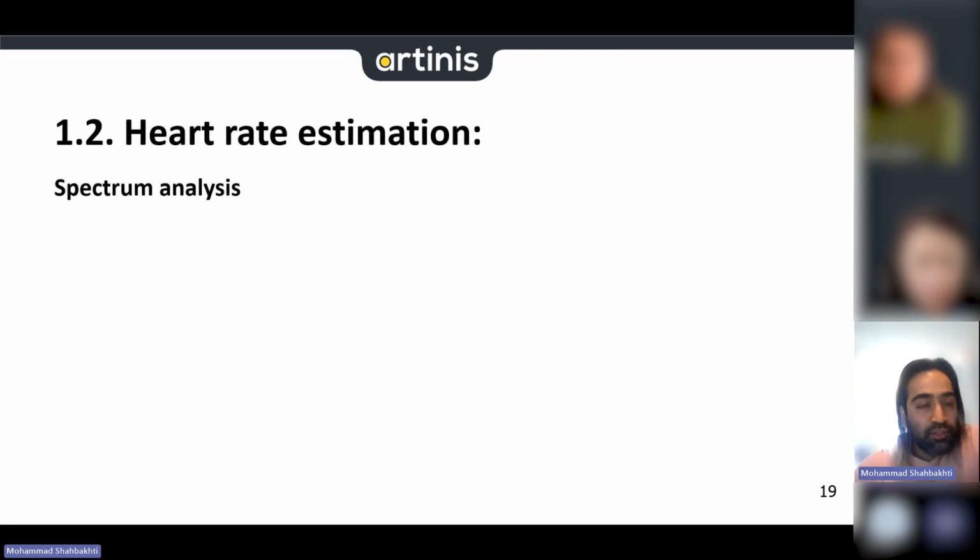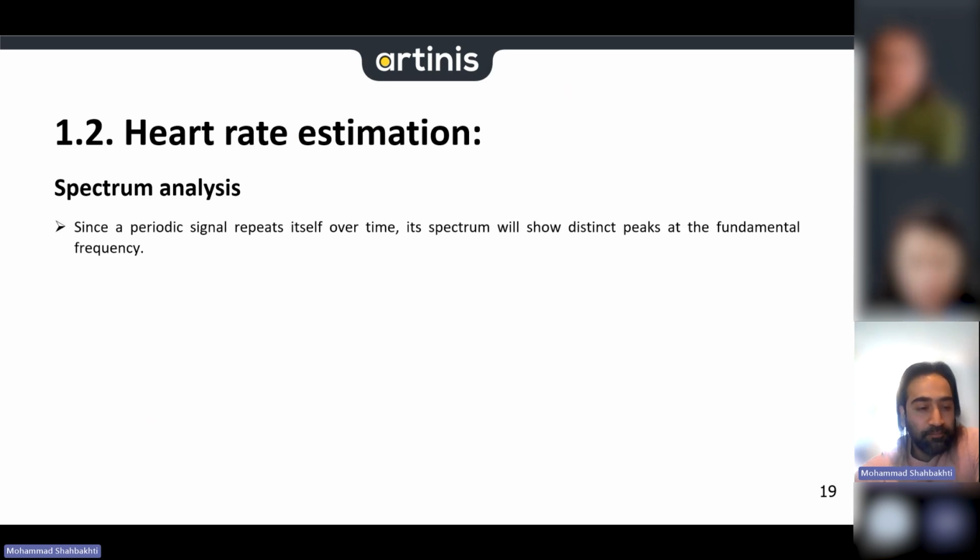The last method, which I believe is the most straightforward strategy for heart rate estimation, is spectrum analysis. When we have a periodic signal, we believe that it repeats itself over time. Therefore, if we get its spectrum, we can see a distinct peak at the dominant frequency.